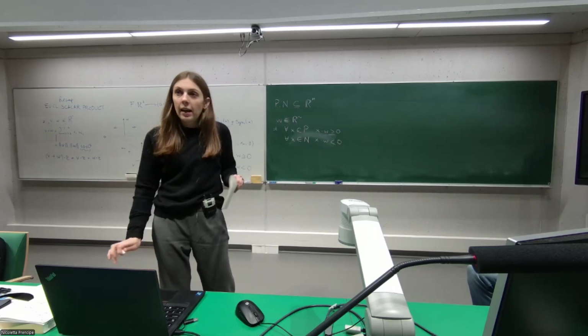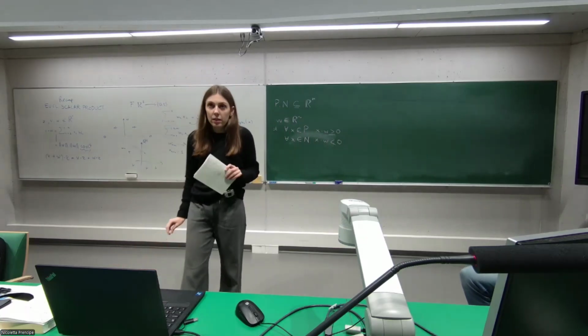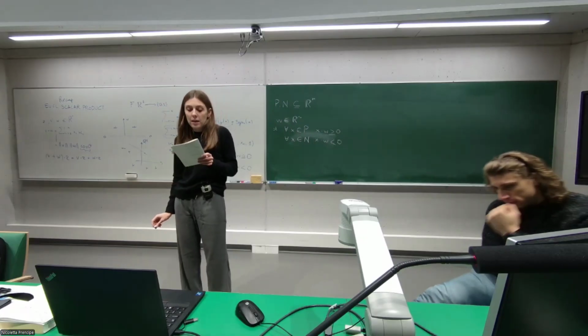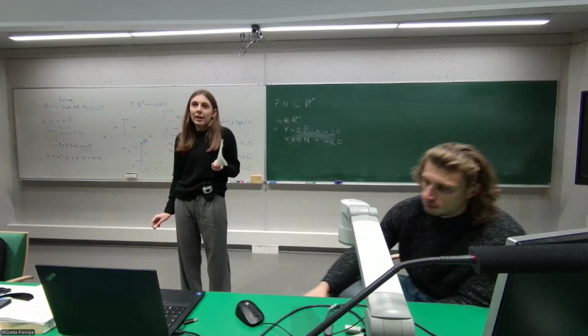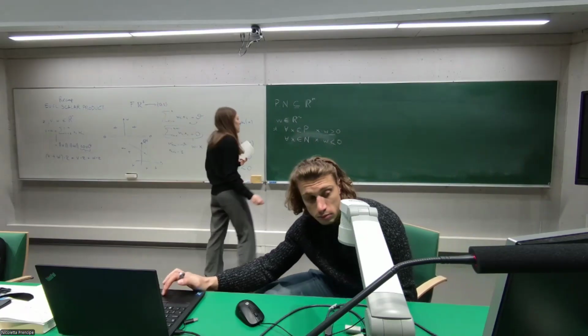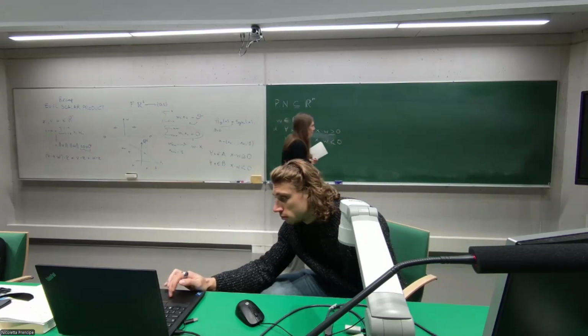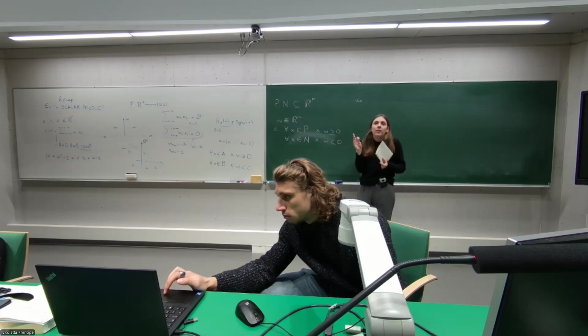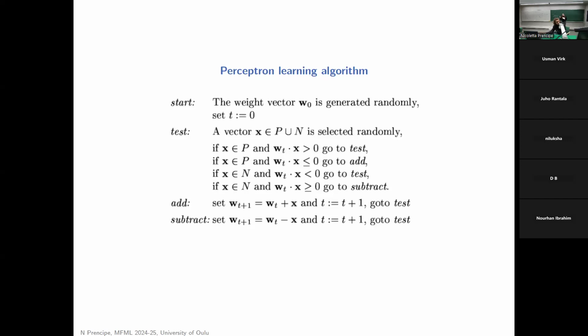So this is the algorithm. We start from a random vector of weights, W0, chosen randomly. There is also a heuristic way of finding a W0 that works and goes a little faster, but we'll see that later.